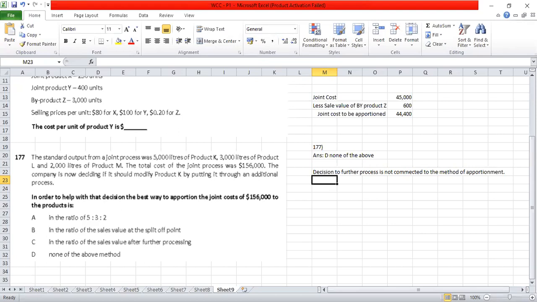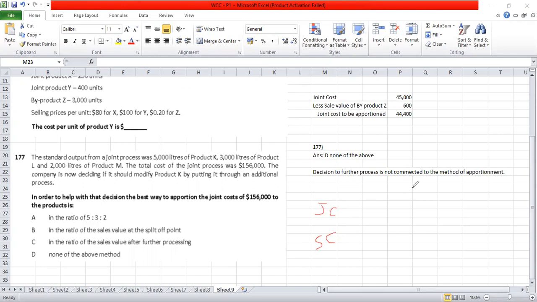There is a method which says that there are costs which are incurred until the split off point. The costs which are incurred are joint costs. After split off, they are separable costs. So if all these things are given to us, the separable cost is given, the joint cost is also given, then the sale value is given.